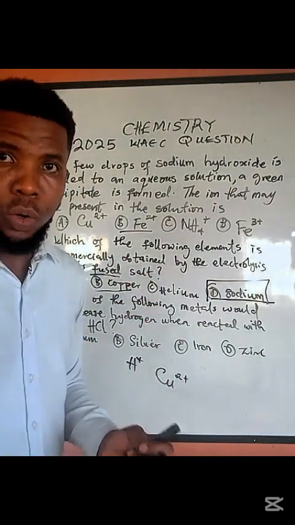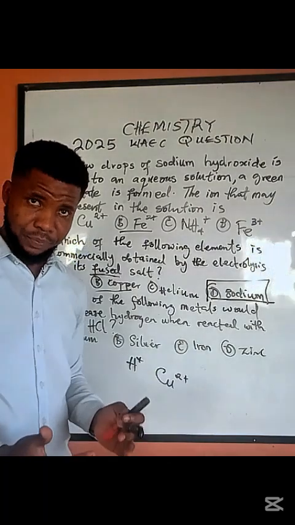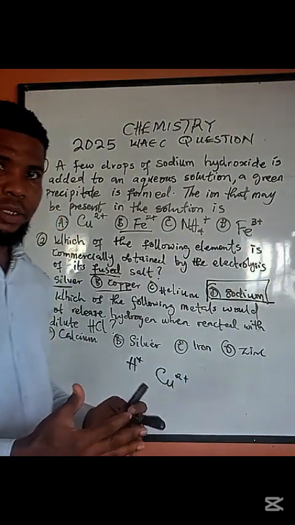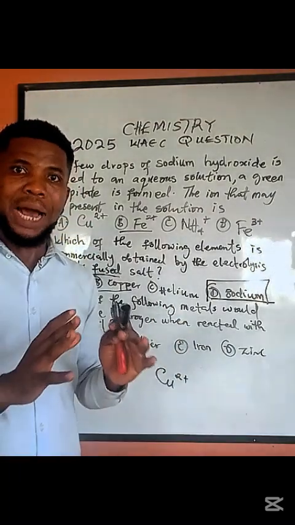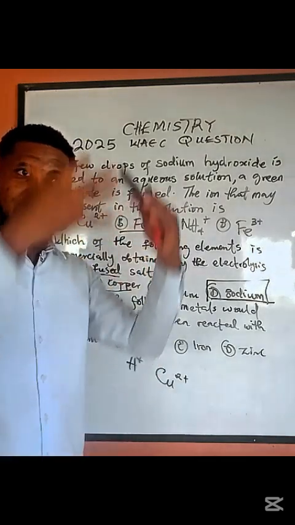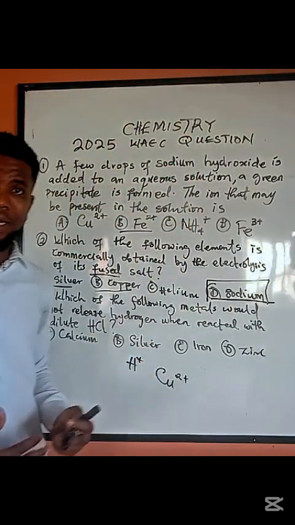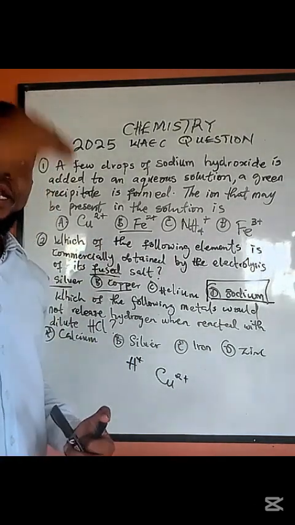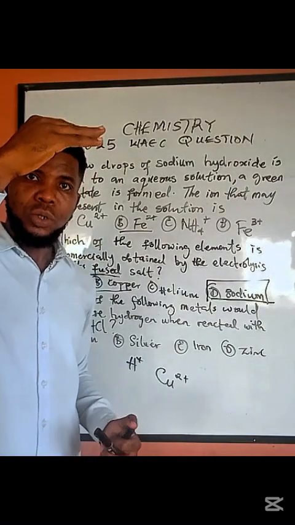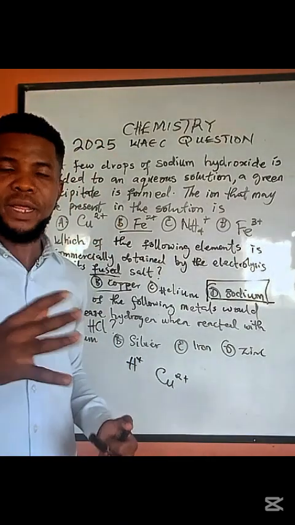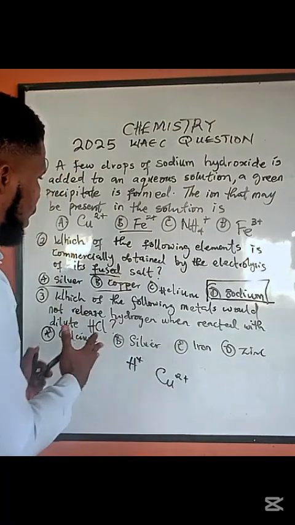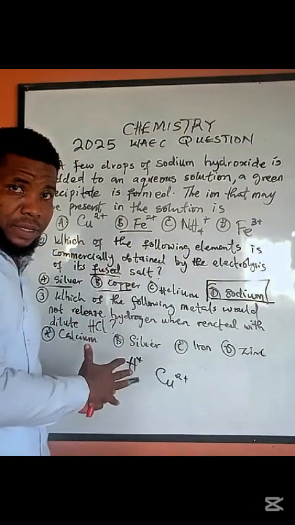But the ones below will not discharge hydrogen from an acid. So above and below, we're talking about activity, the electropositivity, the activities of metals. The metals that are above hydrogen will easily displace hydrogen from a dilute acid.